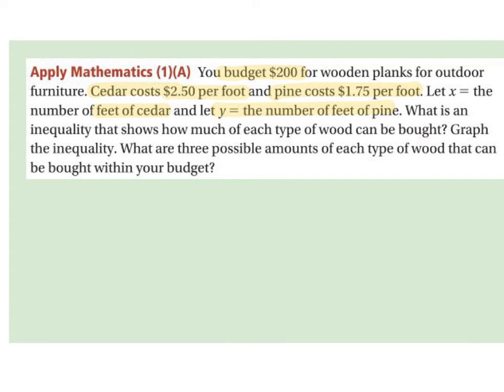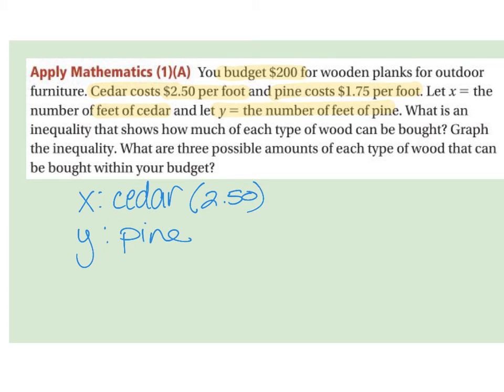All right, so let's see. So X would be cedar. Y would be pine. So the cedar is $2.50 per foot, while the pine is $1.75, and we have a budget of $200.